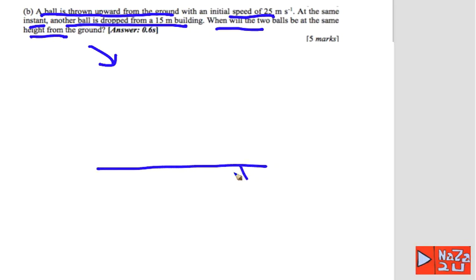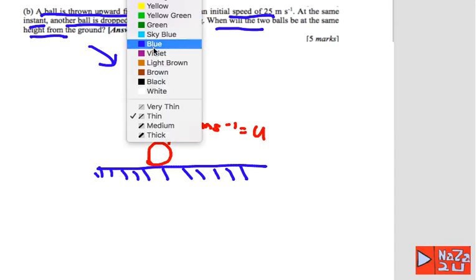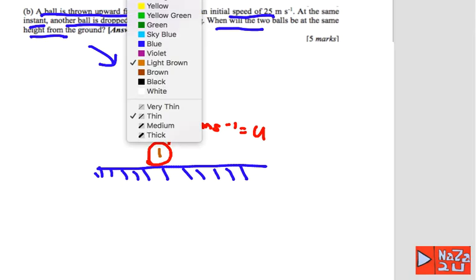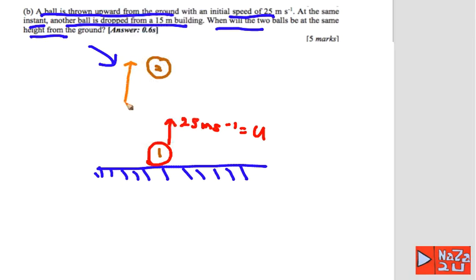Let's say this is the ground surface, and you have the objects. The first object starts from the ground and is thrown upward with the initial velocity 25 meter per second. So this is u. And this is the first ball, and the second ball starts from the highest level, with the distance to the ground surface here 15 meter.